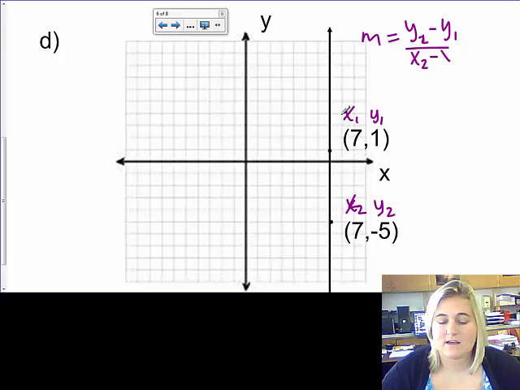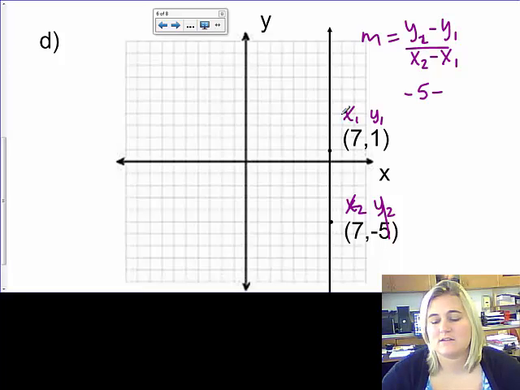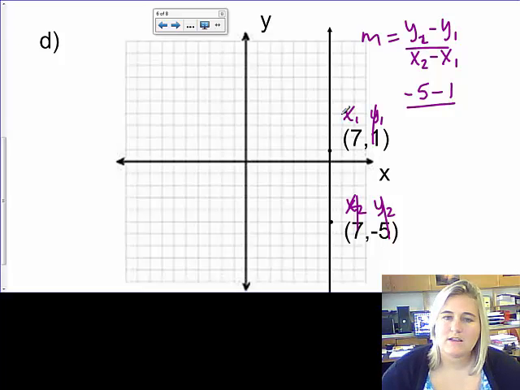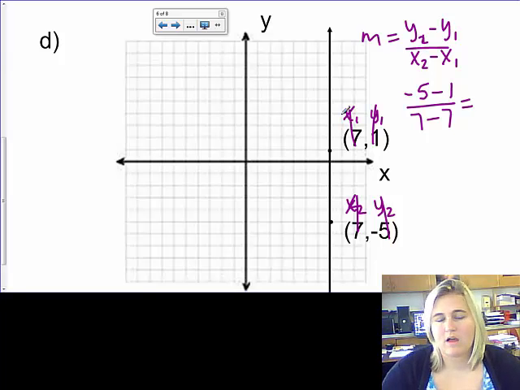So instead of y sub 2, I'm going to plug in my negative 5. So I have negative 5 minus y sub 1, which is 1, over x sub 2, which is 7, minus x sub 1, which is 7. So on top, I have negative 5 minus 1 gives me a negative 6, and 7 minus 7 gives me 0.